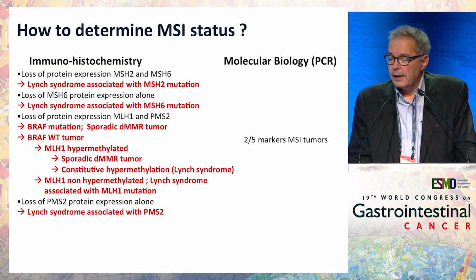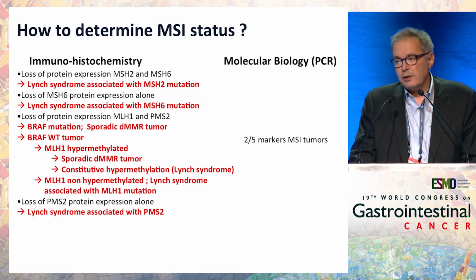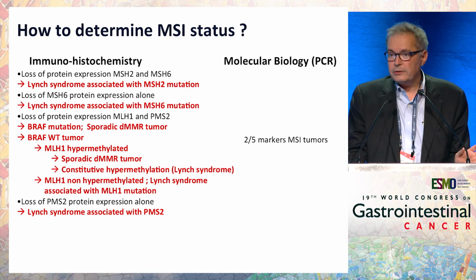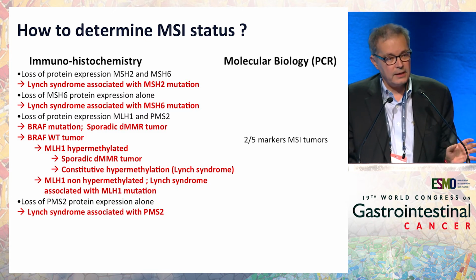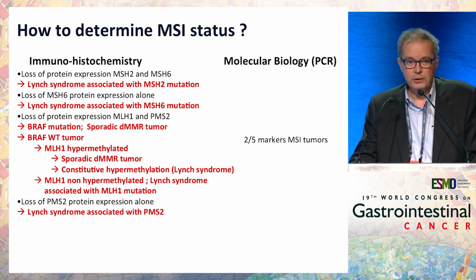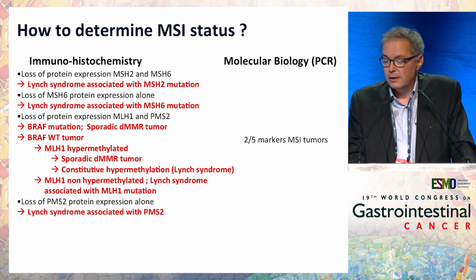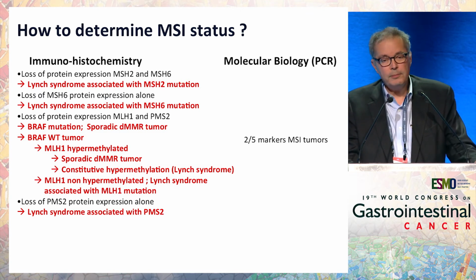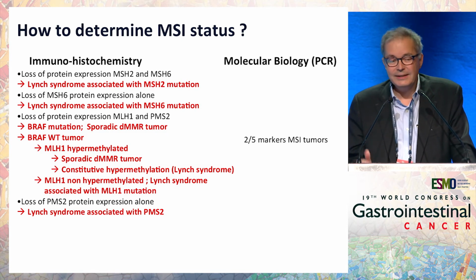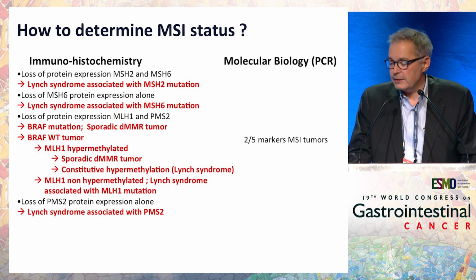So, in fact, the information given by immunochemistry and molecular biology is different. If you consider molecular biology, you can say you have an MSI phenotype. Now, if you consider immunochemistry associated or not with molecular biology, if you have a loss of expression of MSH2 and MSH6, your conclusion is probably a Lynch syndrome associated with MSH2 mutation, and there is an indication to look for a germline mutation in MSH2.